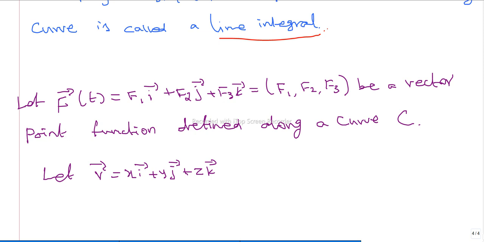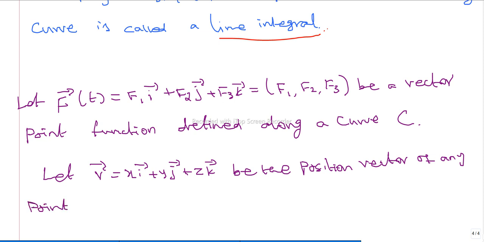If you take any point on the curve, the position vector we can call r vector. So r is the position vector of any point on this curve C.